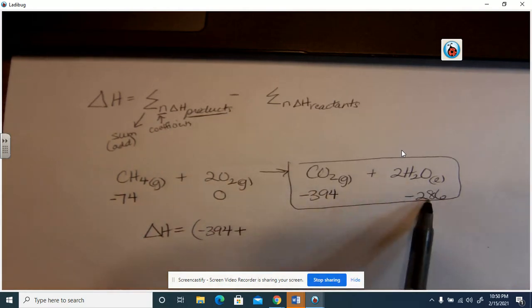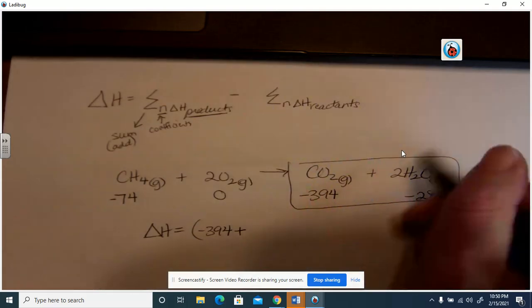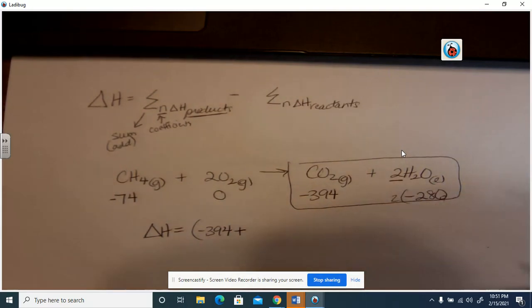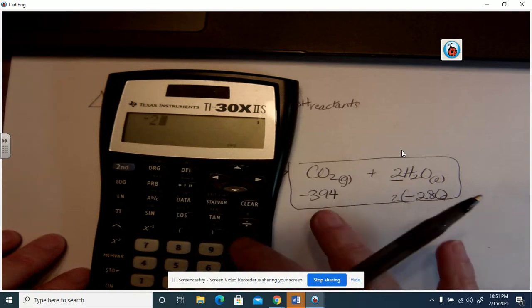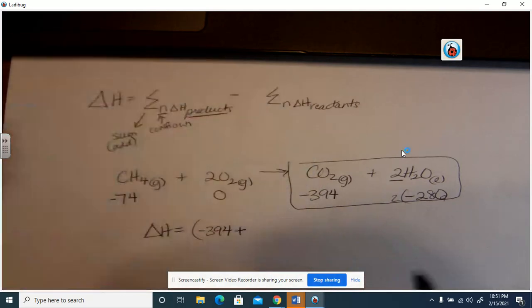And here it says we have negative 286 for 1 molecule of water, or 1 mole of water. But see, remember how we said if you've got coefficients, you're going to have to multiply? So I'm going to go ahead and do 2 times negative 286 so I can see what to put here. And it's negative 572.